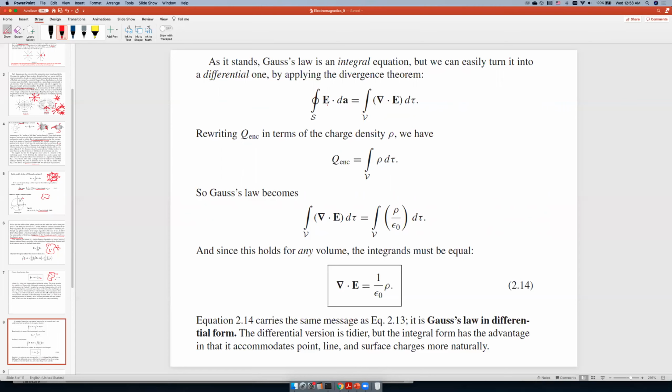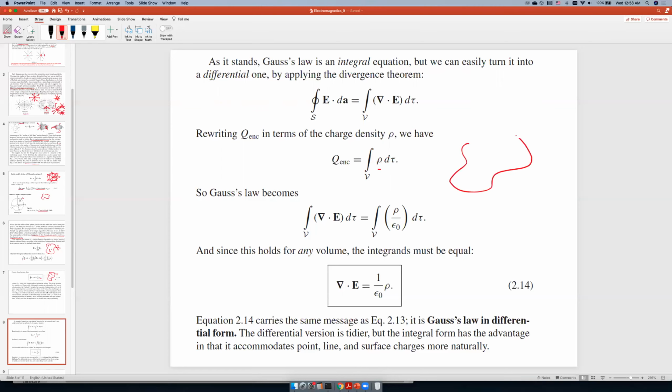This is the surface integral of E, and you can write it into a volume integral of del dot E. And the charges in the enclosed surface could be written as an integral of rho dt. Here, rho is a charge density.